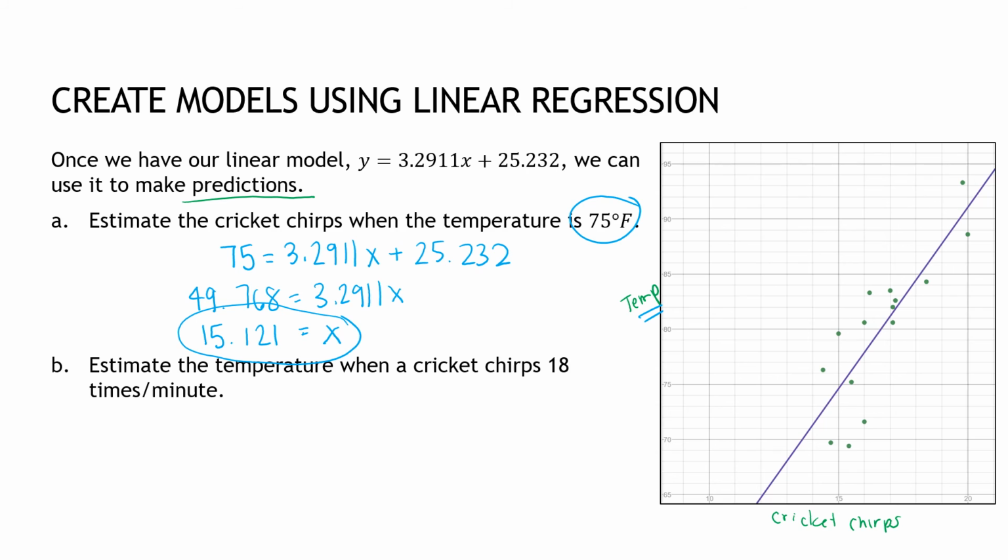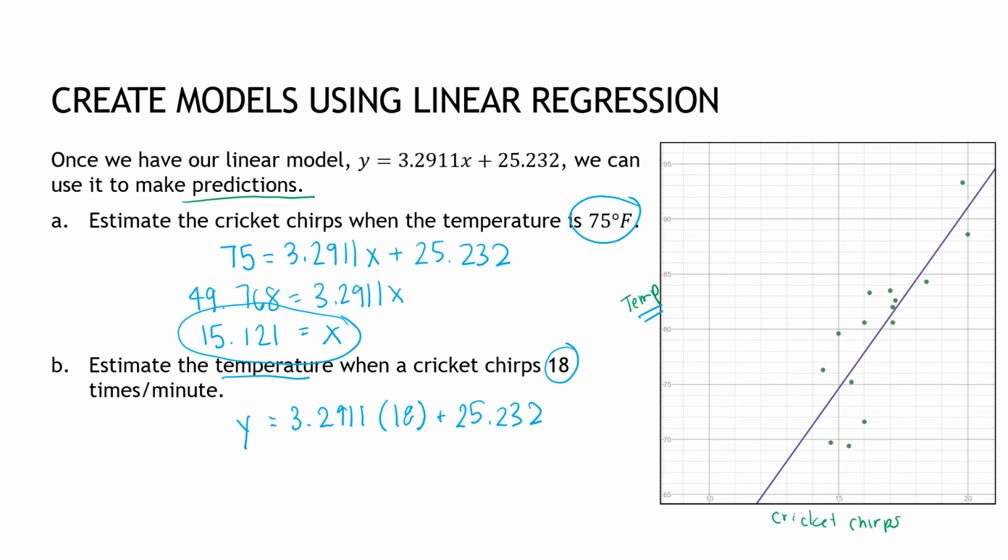B, estimate the temperature. So now I'm solving for Y when cricket chirps is 18 times per minute. So I would then use my same model. I would solve for Y. I would plug in X of 18. And then just do the math just like I did before.